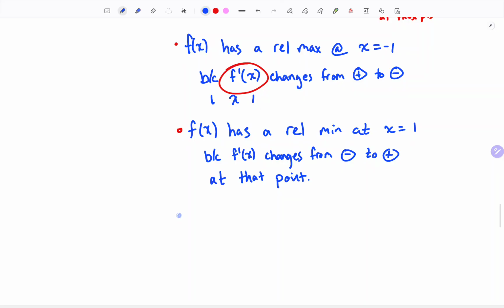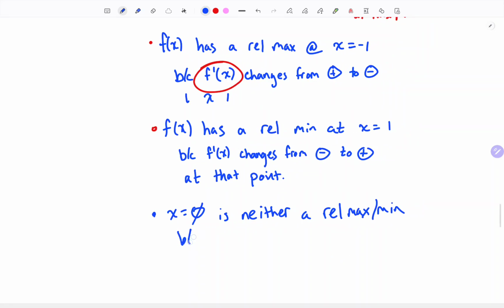So we also want to classify 0 and say, x equals 0 is neither a relative max or min because f prime of x does not change signs. We don't change signs there. Don't say f prime is negative or something like that. Just say it doesn't change signs.